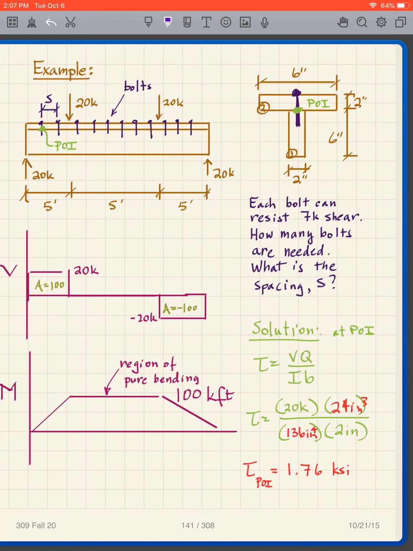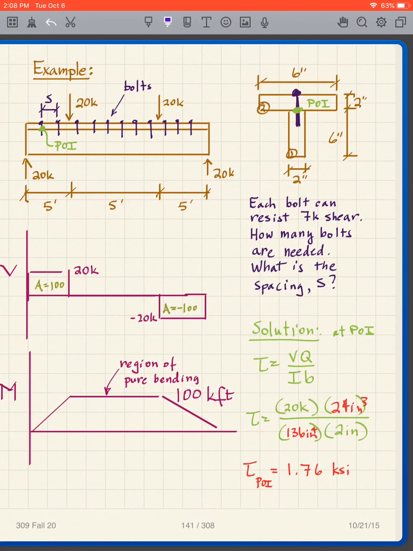And I've got bolts going across this beam. And my question is, given these bolts, each bolt can resist 7 kips of shear. So what I want to determine is, what is my spacing S along here? What should the spacing be for those bolts?